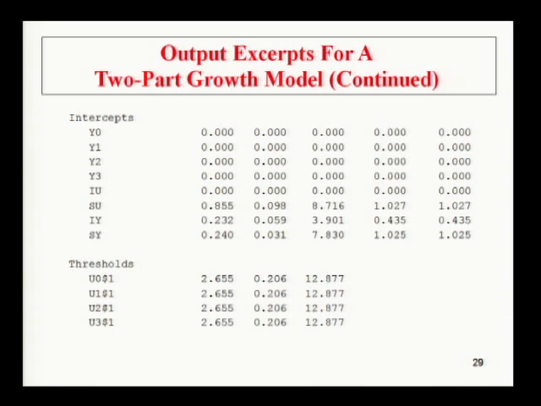So just to remind ourselves that we do use different parameterizations for the continuous versus the binary part. In this case with binary, had we instead let IU be free and fixed these thresholds to 0, the value 2.655 would show up where IU is.